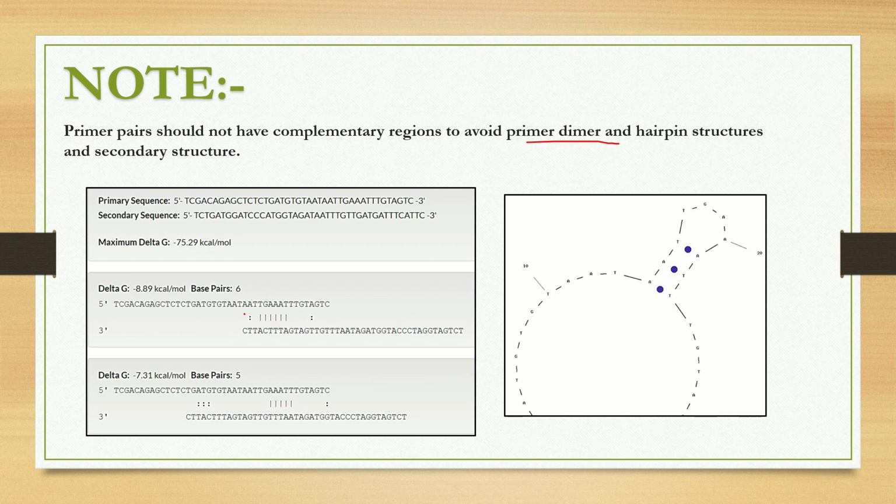So you have to avoid these kinds of structures, because if primer dimers form, and if hairpin loop-like structures or secondary structures form, the primers are not going to bind efficiently to the target sequence or the complementary DNA sequence which you need to amplify. So to avoid that, you should not have any complementary regions between the primers.